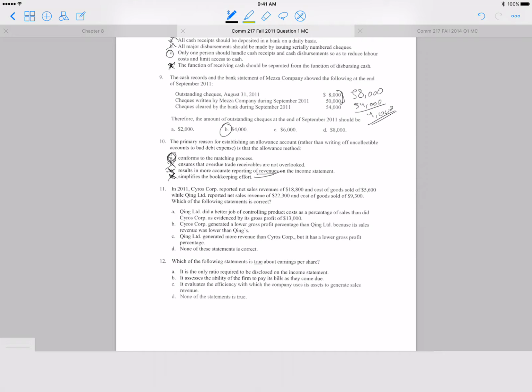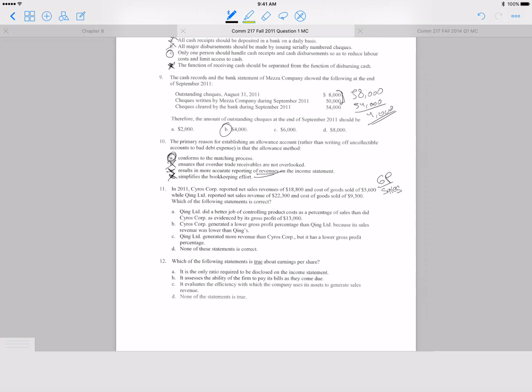Well, if you keep reading, it always asks you about the percentage of sales and the gross profit. So what the question wants you to realize is that they're talking about the gross profit margin, which is your gross profit over your net sales. And they're giving your cost of goods sold, so you have to find your gross profit.